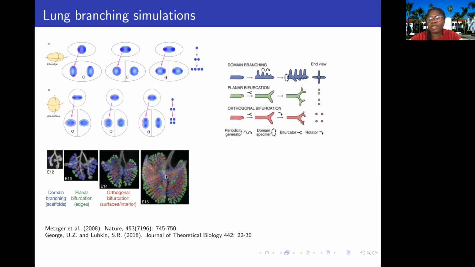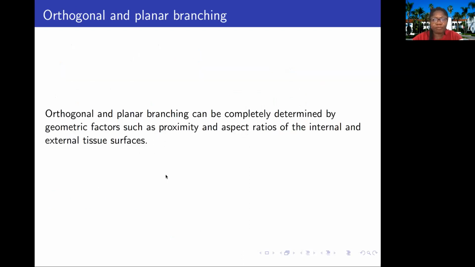So with modeling, what we are looking at here is: what are the minimum requirements for us to be able to see the observed patterns that we are seeing? And this shows that the geometry plays a key role in controlling or influencing the branching. Now we know that orthogonal and planar bifurcation are completely determined by geometric factors.